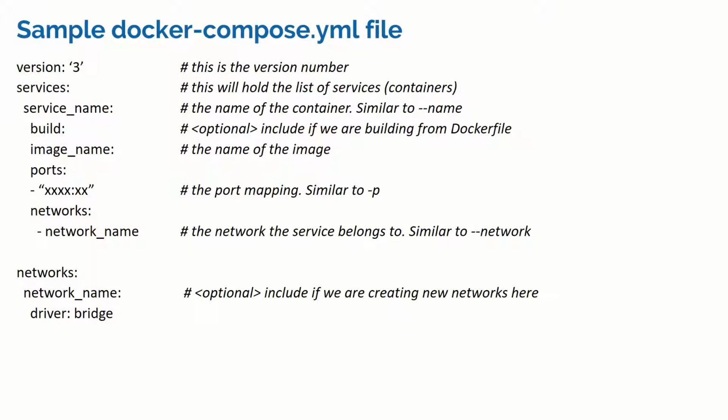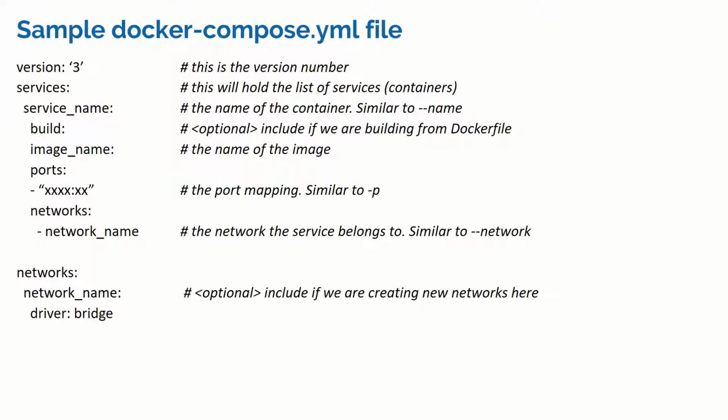In the earlier example of WordPress, we have a container containing the WordPress image. We also have a container containing the MySQL image. So essentially you have a service that is running MySQL and another service that is running WordPress. These in fact form the list of containers or the list of services that you are going to run.